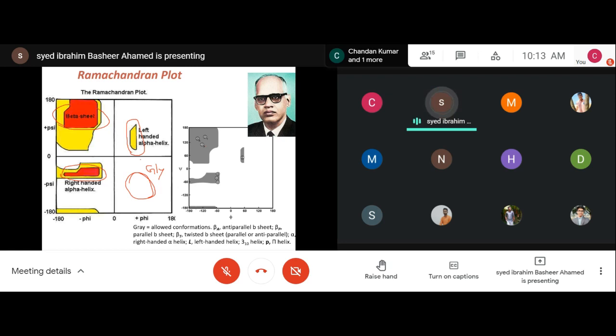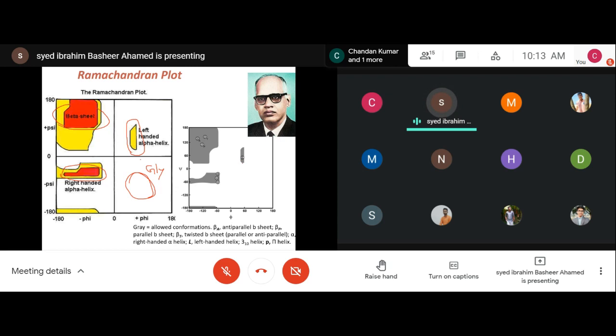Then phi will be somewhere around minus 100 for anti-parallel beta sheet, and then somewhere around 130 or 140 psi angle for anti-parallel beta sheet. Similarly for twisted beta sheet, somewhere around maybe 100, and here 150 or so.